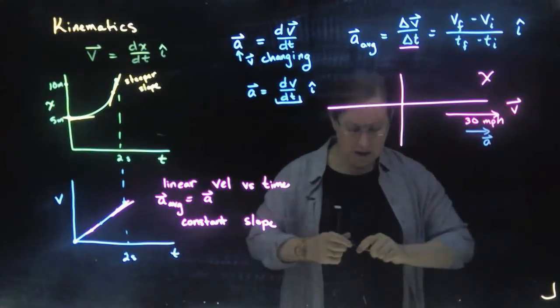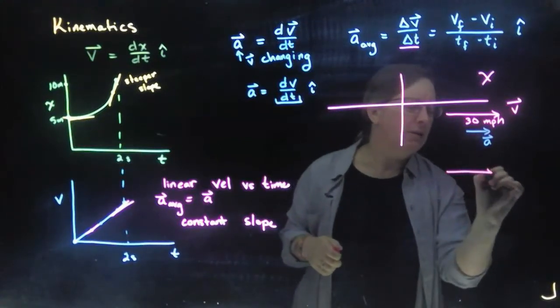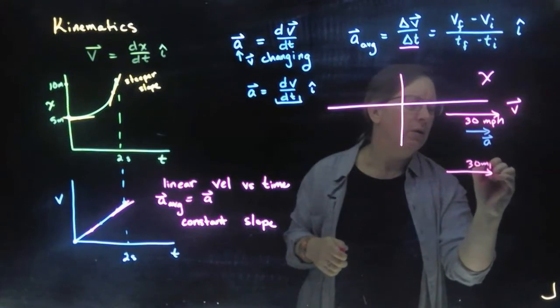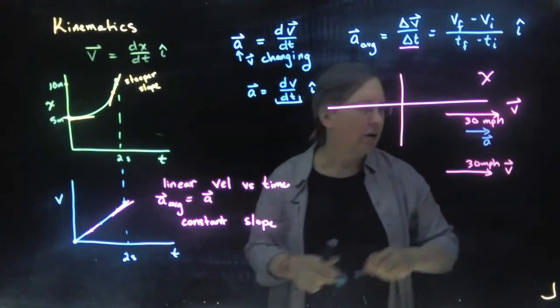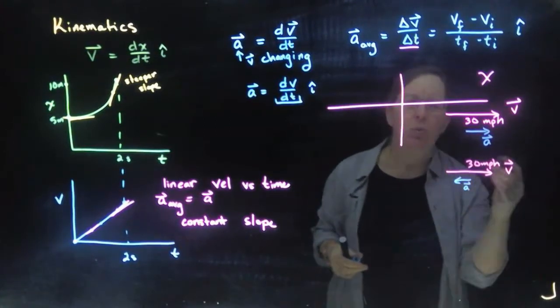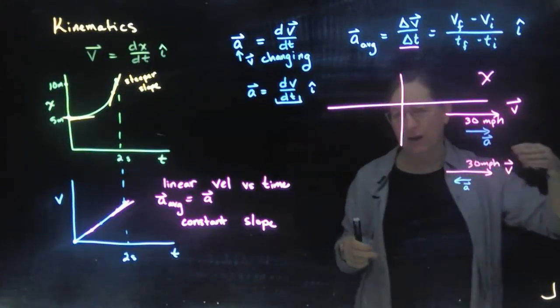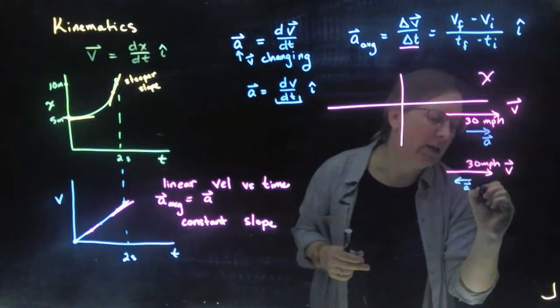Okay, if instead we're going 30 miles an hour, with the velocity still in that direction, and we've got an acceleration that's opposing the motion, what it's saying is that the change in velocity is in that direction. That means we're slowing down, right?